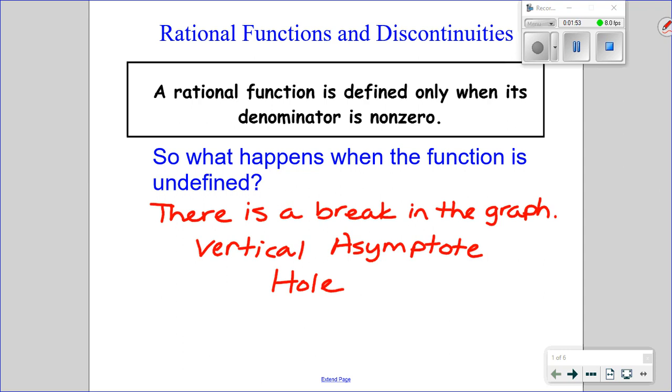So this is what happens when the function is undefined. It creates a break in the graph, and those breaks are either going to be a vertical asymptote or a hole in the graph.